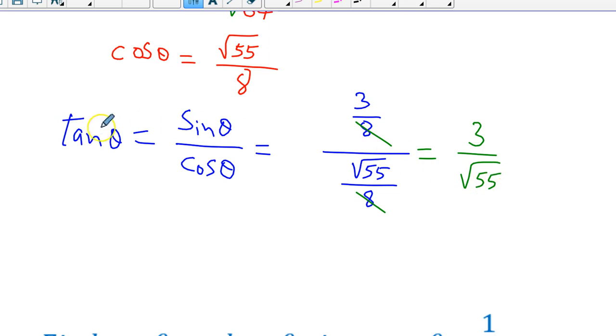That is the value of the tangent. But another thing here, square root of 55 is an irrational number, so we should not leave it in the denominator.